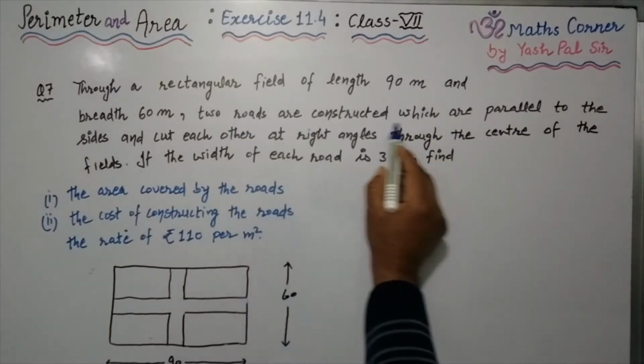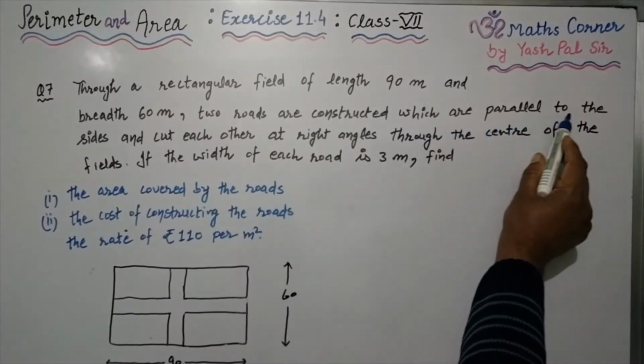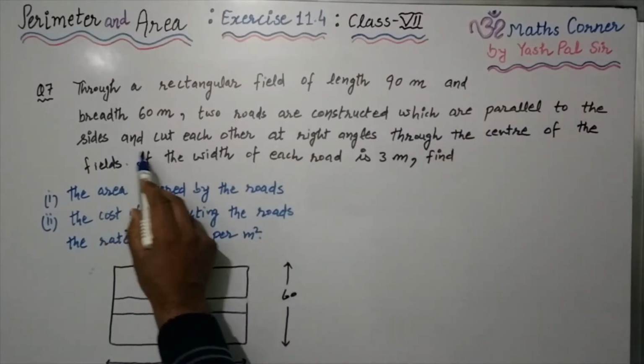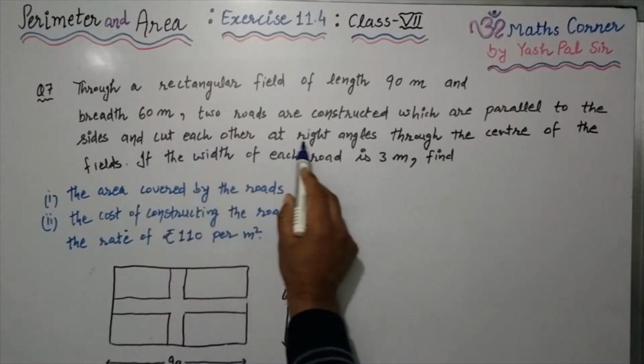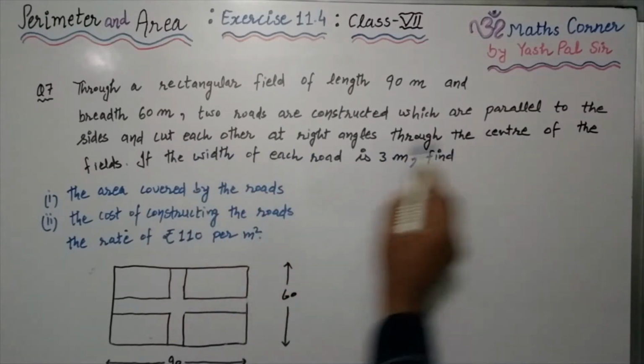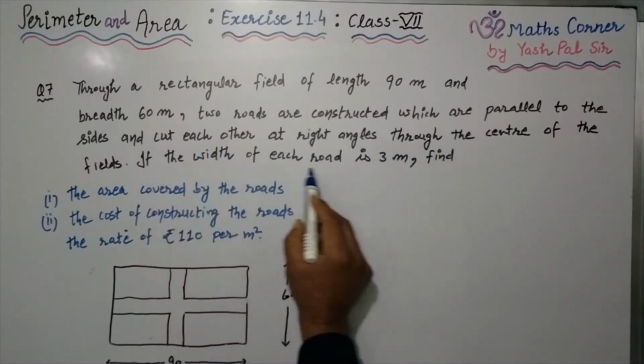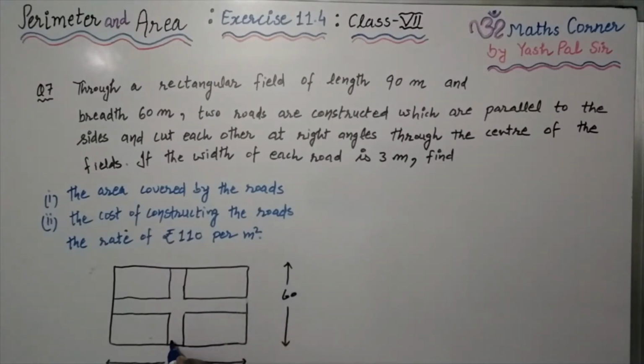Two roads are constructed which are parallel to the sides and cut each other at right angles through the center of the fields. If the width of each road is 3 meters, this is 3 meters.